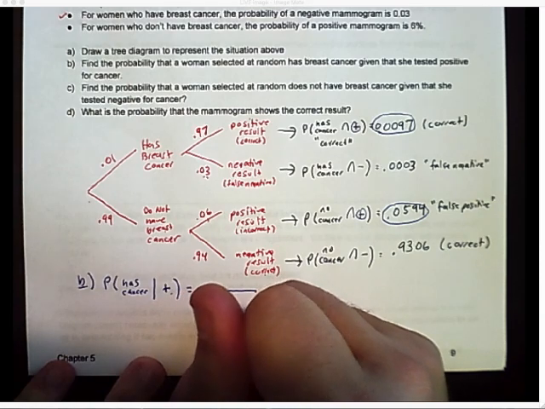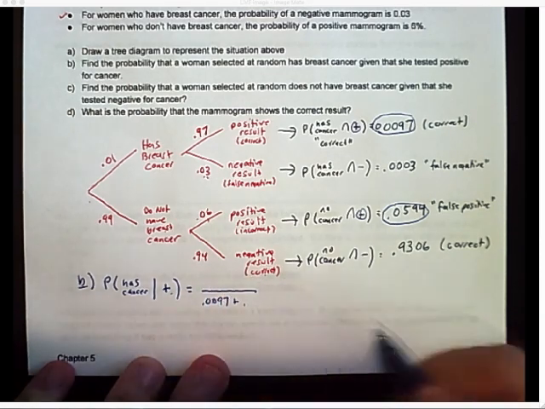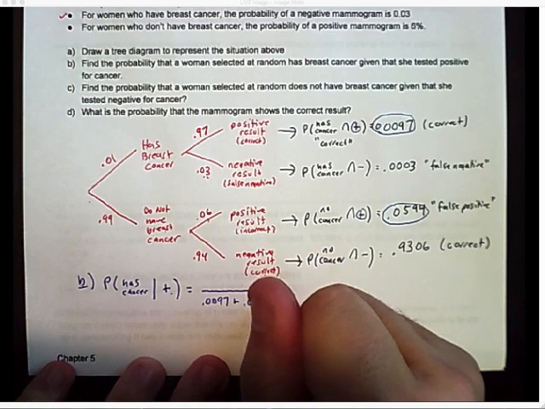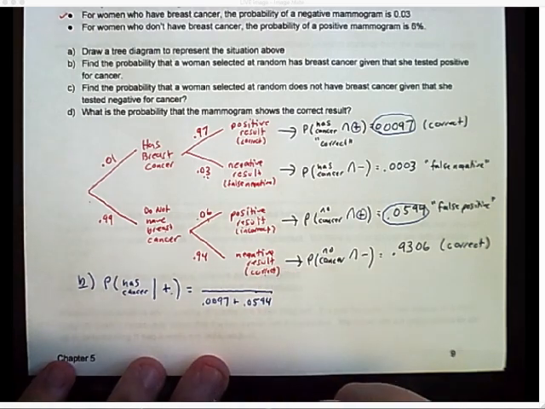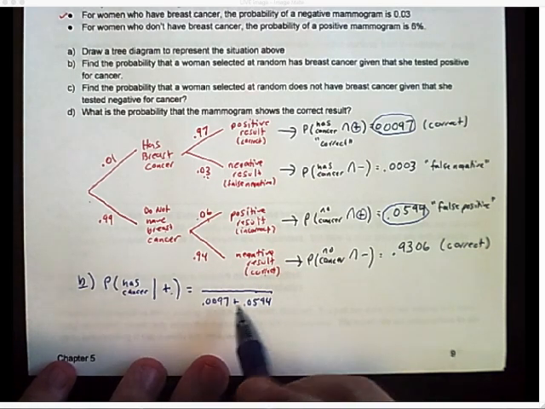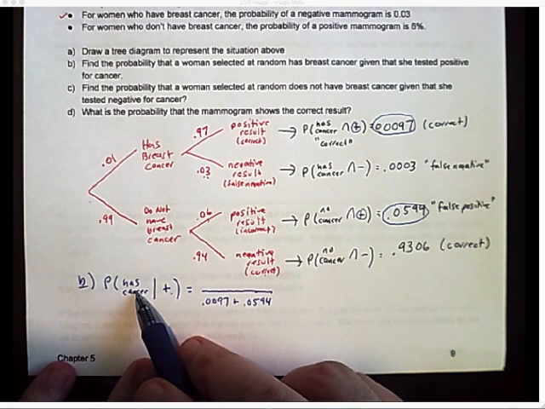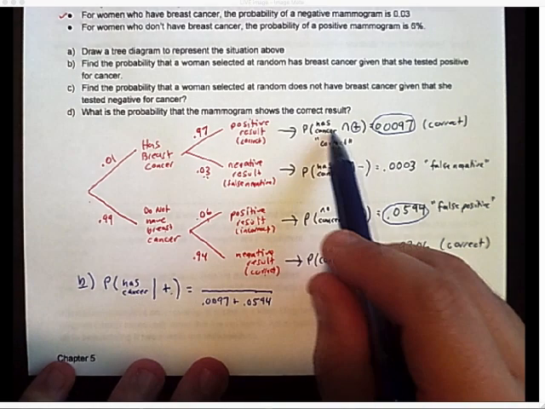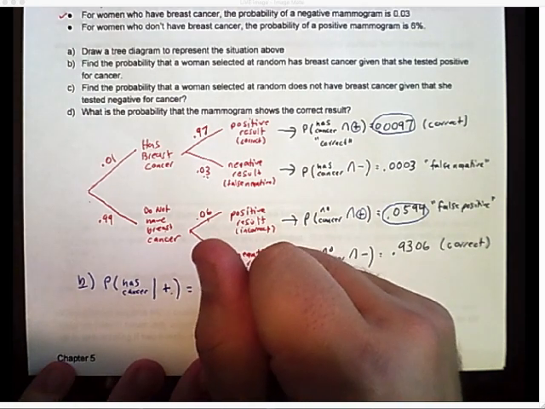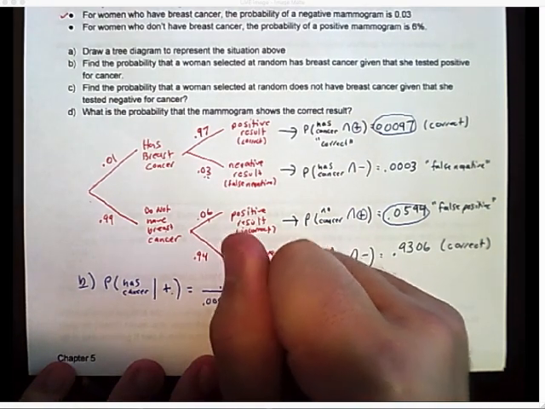So I add 0.0097 plus 0.0594. That's the chances that a woman tested positive. Now, of these two numbers, which one also has the cancer? Well, it's this one up here, the 0.0097.